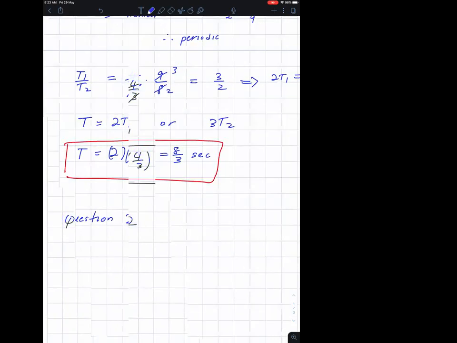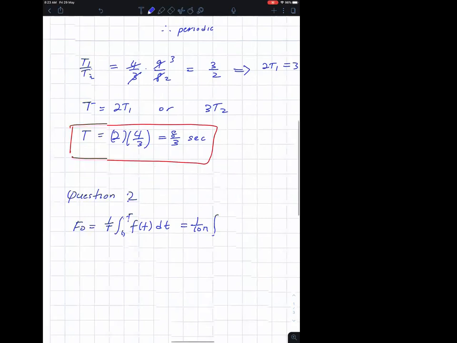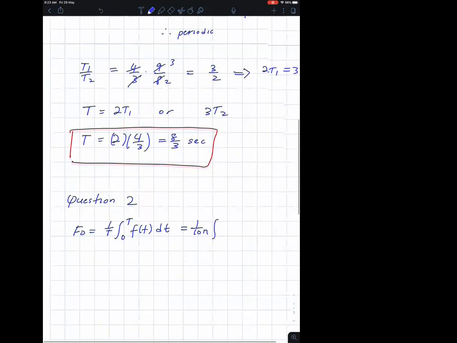We can calculate F naught, which is DC. DC is 1 over the period, integral from 0 to period. You integrate the signal over a period and divide by the period. The period is 10 pi, so you're going to integrate from 0 to 10 pi. But the thing is, it depends on which period you're talking about.